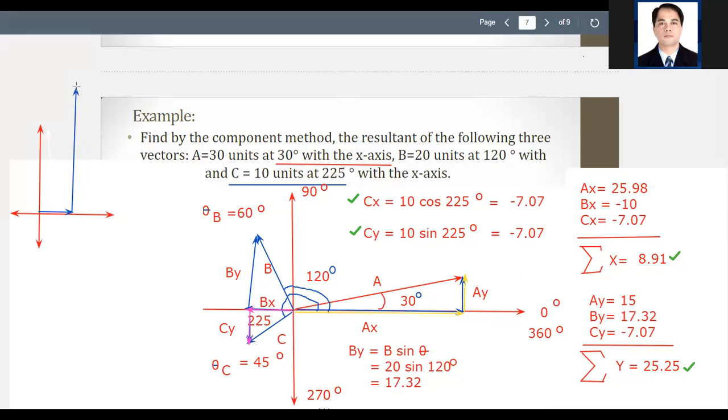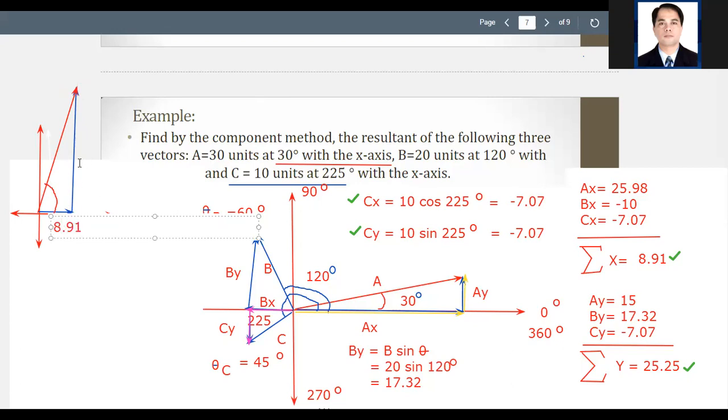So 25.25 may roughly be going upward there. And the final value of our resultant will be something like this. So if this red line indicates the resultant, then the resultant is like that. Now, the final direction of our angle could be thought of as like this. So again, now the horizontal line is 8.91.